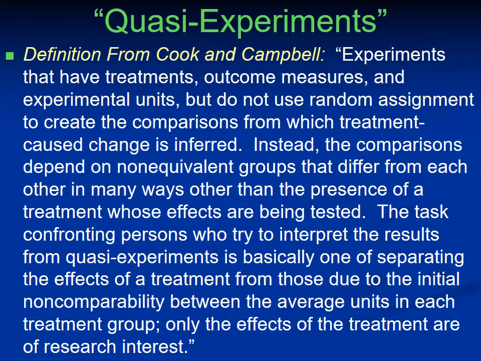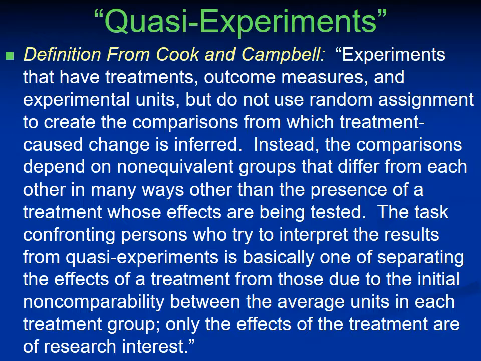So there are a lot of definitions out there about defining quasi-experiments. Here's a definition straight out of the Cook and Campbell book. They literally wrote the book on quasi-experimental design. So here it is. Quasi-experiments have treatments, outcome measures and experimental units, but they don't use random assignment to create the comparisons from which treatment-caused change is inferred.